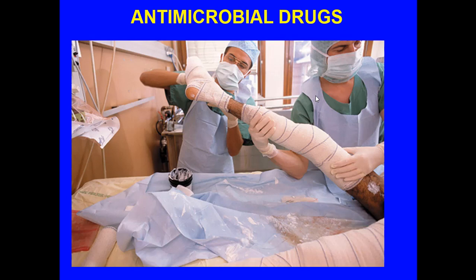Here you have the doctors, and I believe that's a nurse, medical assistant, and they're basically going to cover up the burn areas with silver sulfadiazine. Now, sulfadiazine is a type of sulfa drug, but they add silver, and the presence of the silver also has an antimicrobial effect.